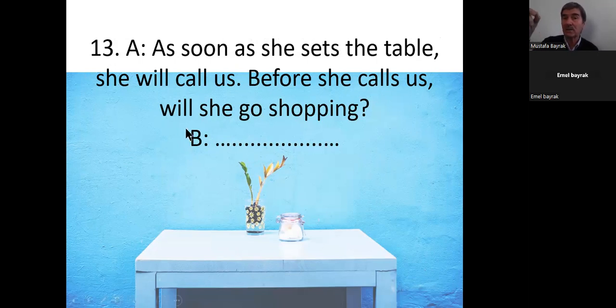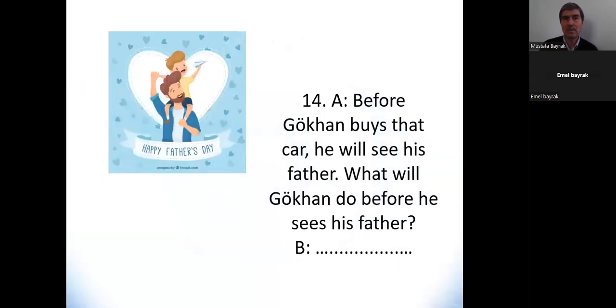Before subject, verb, object. Before she calls us, before she telephones us, comma. Will she go shopping? No, she will not go shopping before she calls us. Or yes, she will go shopping before she calls us, according to the situation.